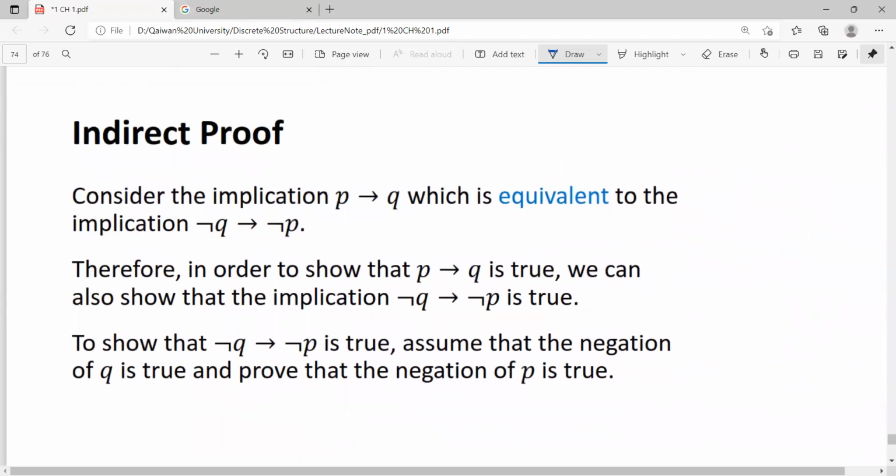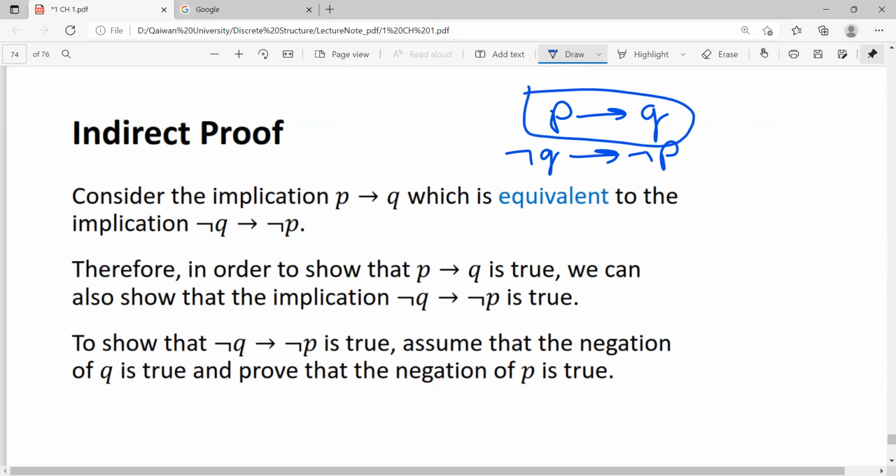But for the indirect one, we say if you have P then Q, what we do, we are gonna prove negation Q then negation P. That means we check the negation of Q.